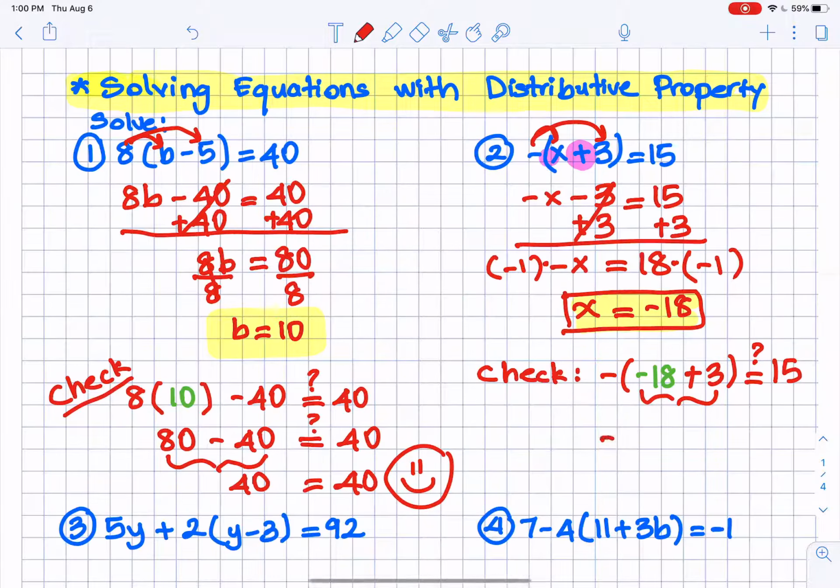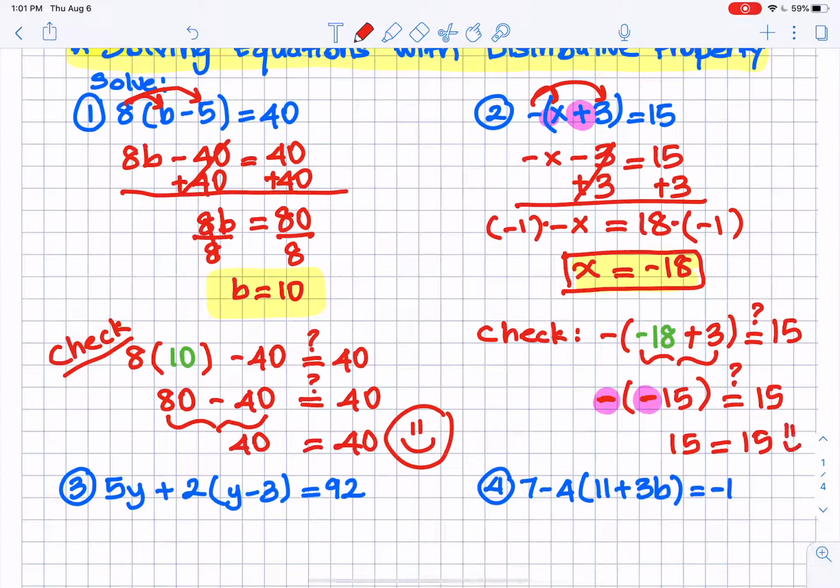So it is going to be negative negative 15 equals 15. So you have two negative signs here. Those two negative signs, just like multiplication, negative times negative will give us positive. So then it is going to be just 15. Then we got the answer correct again. Here's our smiley face.